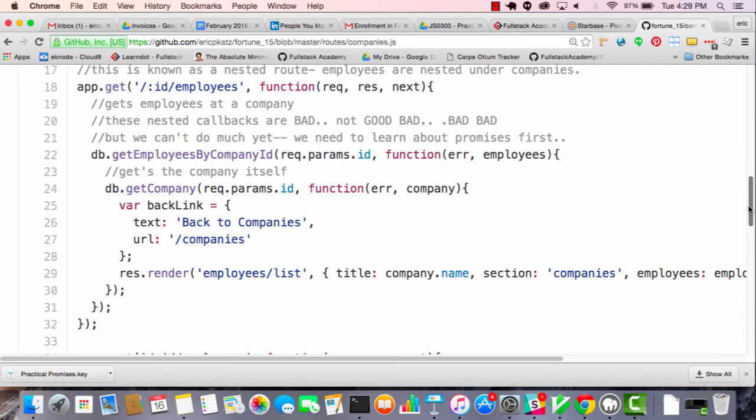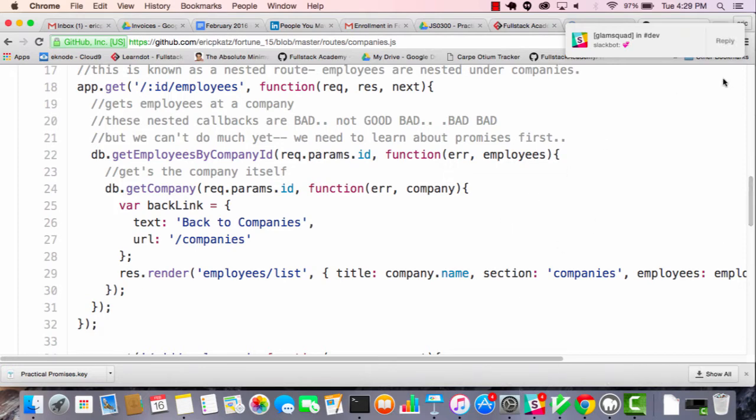We're getting the employees of a company, passing in the ID of the company and getting back the employees, and immediately after we do that, we make another asynchronous call. Again, all of these are asynchronous. That's a result of the SQLite library that we were working with, where we're interacting with the database. So all these things are asynchronous.